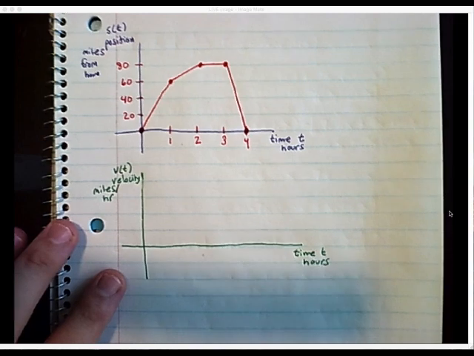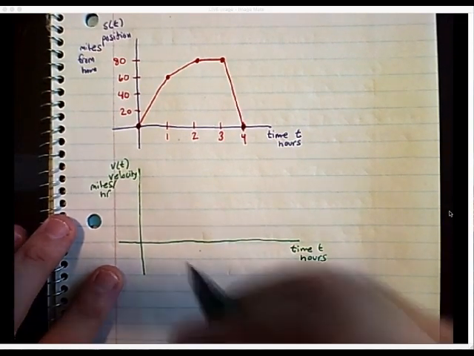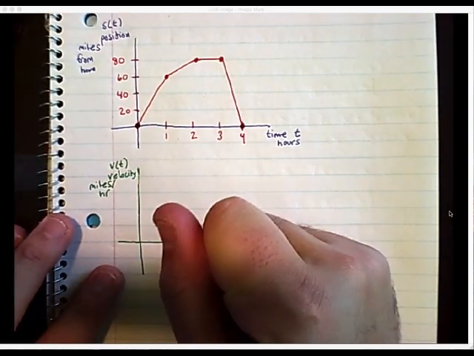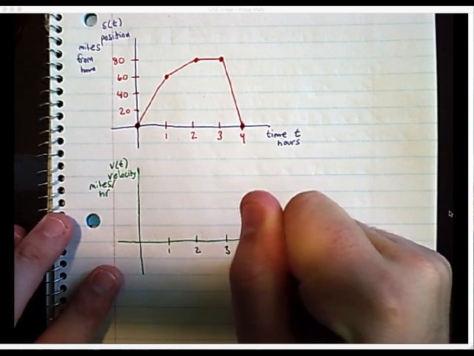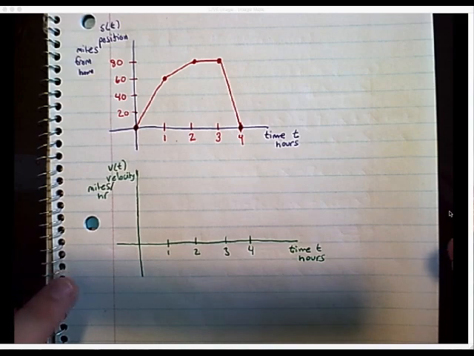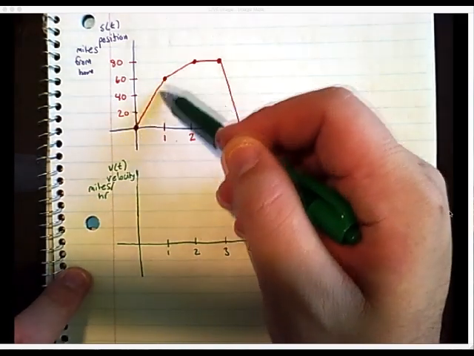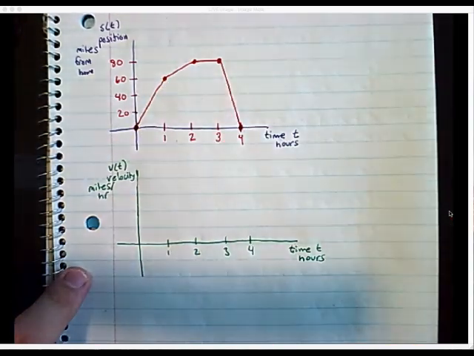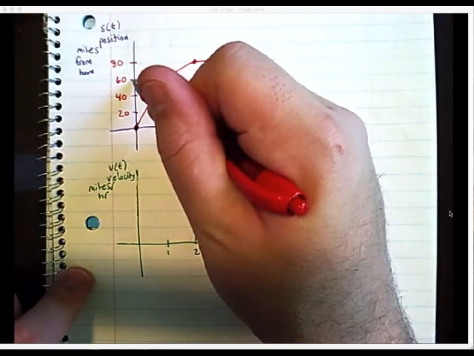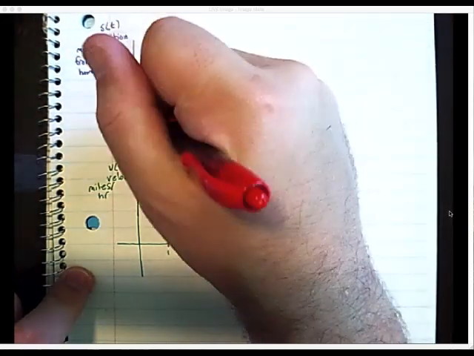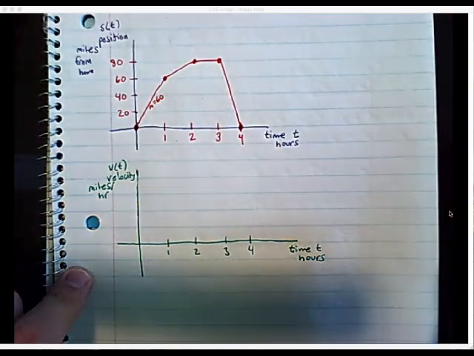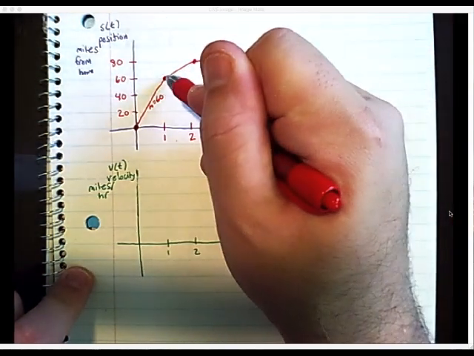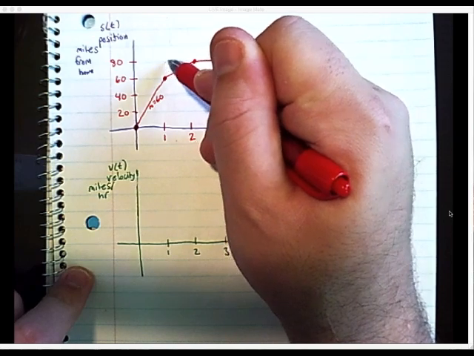So how do we figure out what the velocity graph is going to look like? Well, what was our rate of change? What's the slope of this line segment? Well, it looks like I'm going up 60 and right 1. So the slope of this line segment is 60. Let's do that for each line segment. For the next one, I'm rising 20, I'm going over 1.